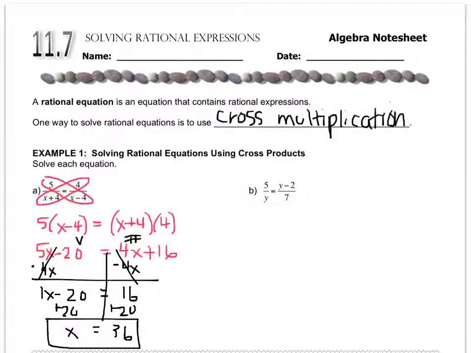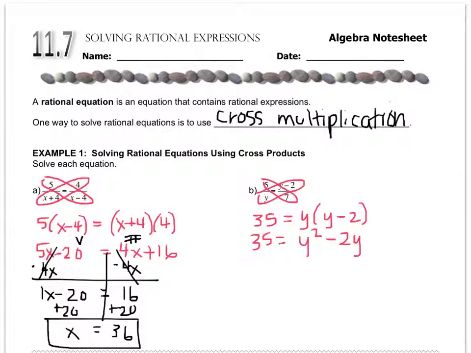Cross multiply. And you get 35 equals y times y minus 2. That is 35 equals y squared minus 2y. Don't forget from chapter 7, in order to solve this, we have to make it equal to 0.